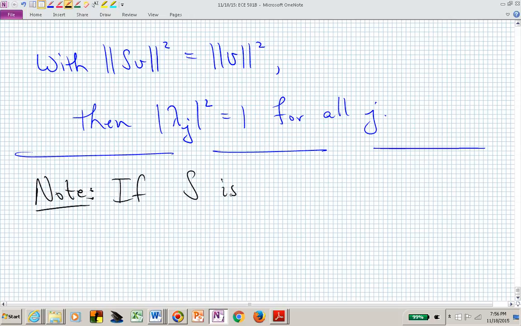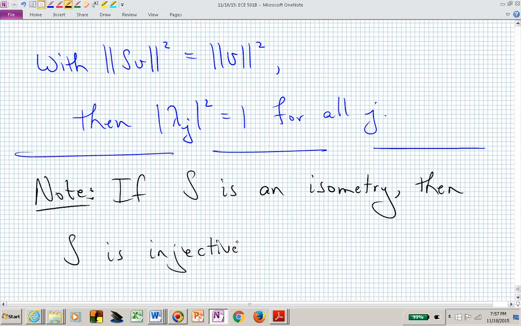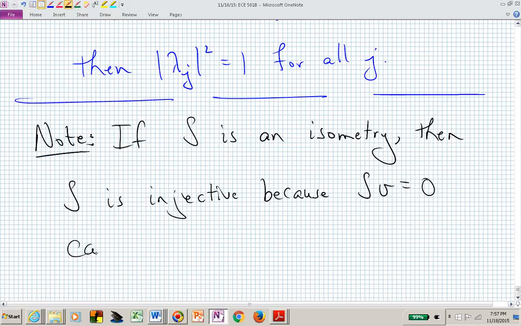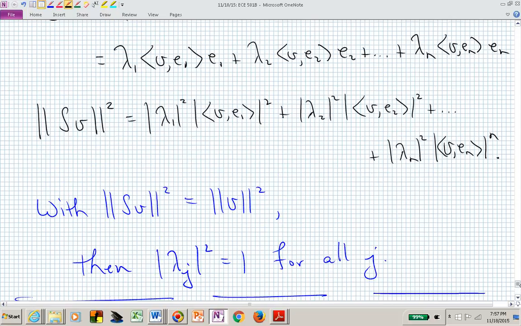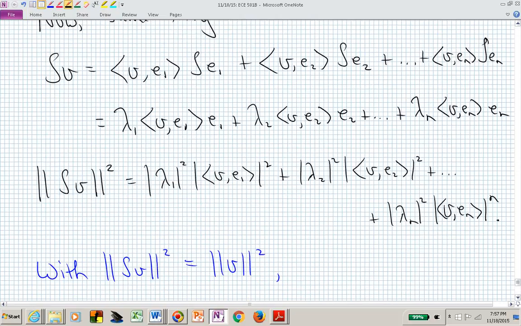So if S is an isometry, then we can also see that S is in fact injective, because the only time that Sv is going to equal 0 can only be true for v equal to 0, because of this particular way that we have decomposed v.